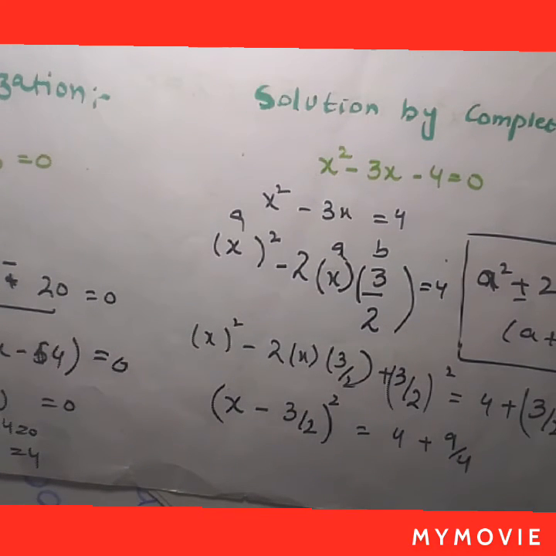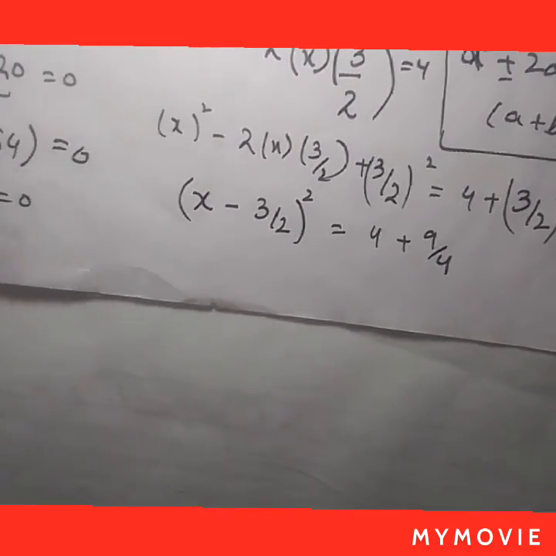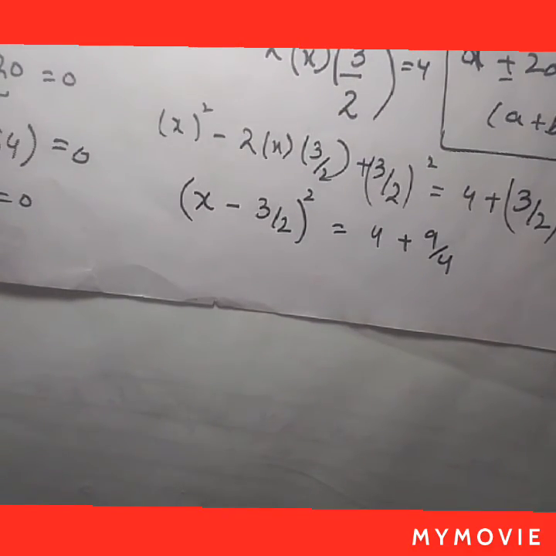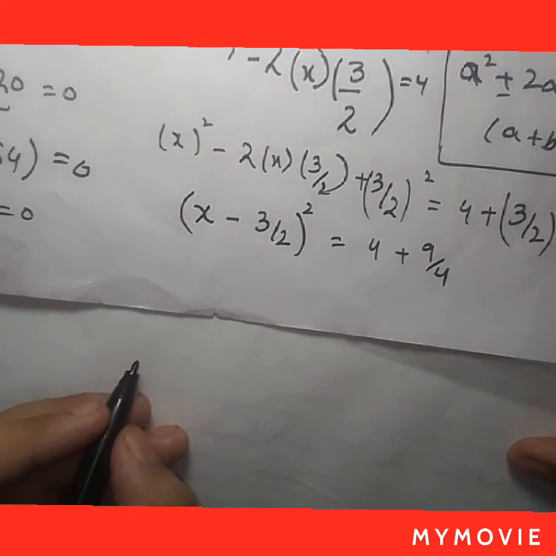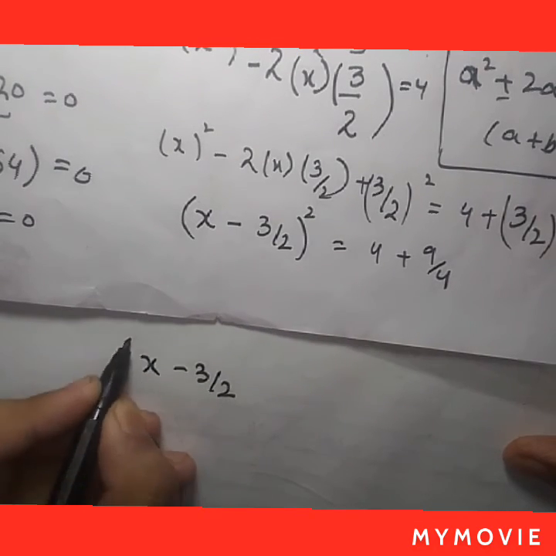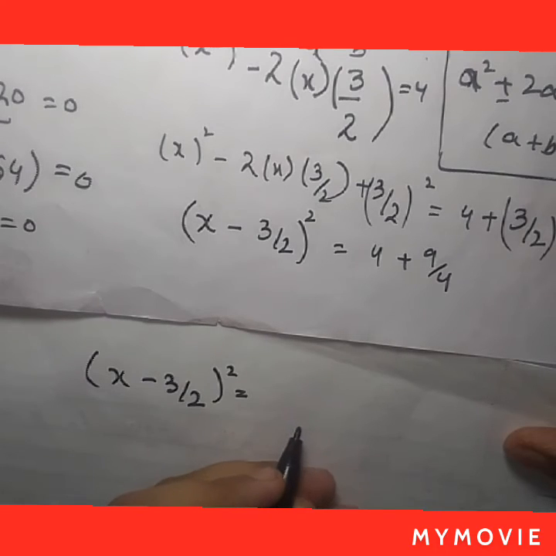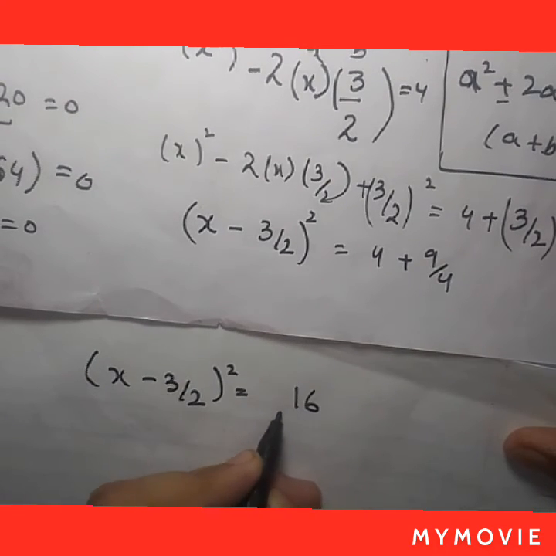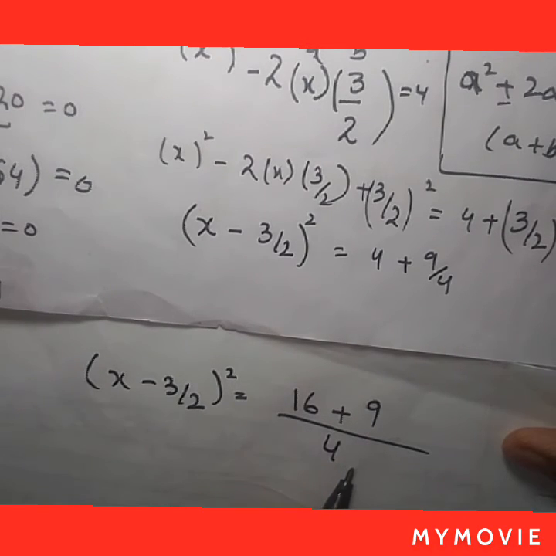The main work we have done. Now what we do is very simple. For (x minus 3 by 2) square, we have to take the LCM of 4 and 4, which is 16 over 4.